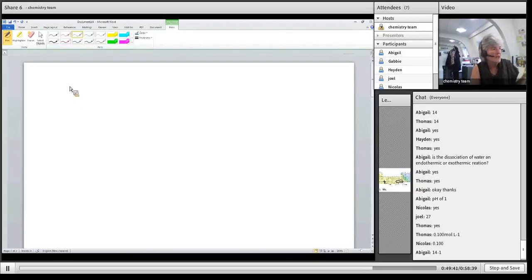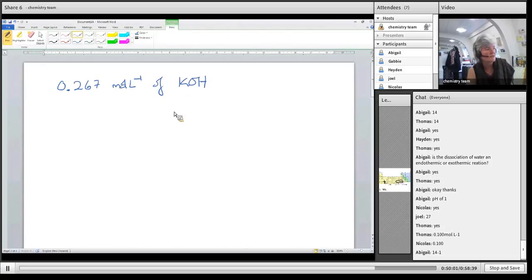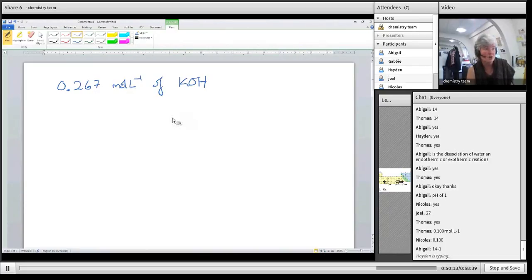So say we had 0.267 moles per liter of potassium hydroxide. Okay, that's a strong base. So the first thing you do is you work out, have I got the hydronium ions there or the hydroxide ions? In other words, am I going to be using pH or am I going to be using pOH?